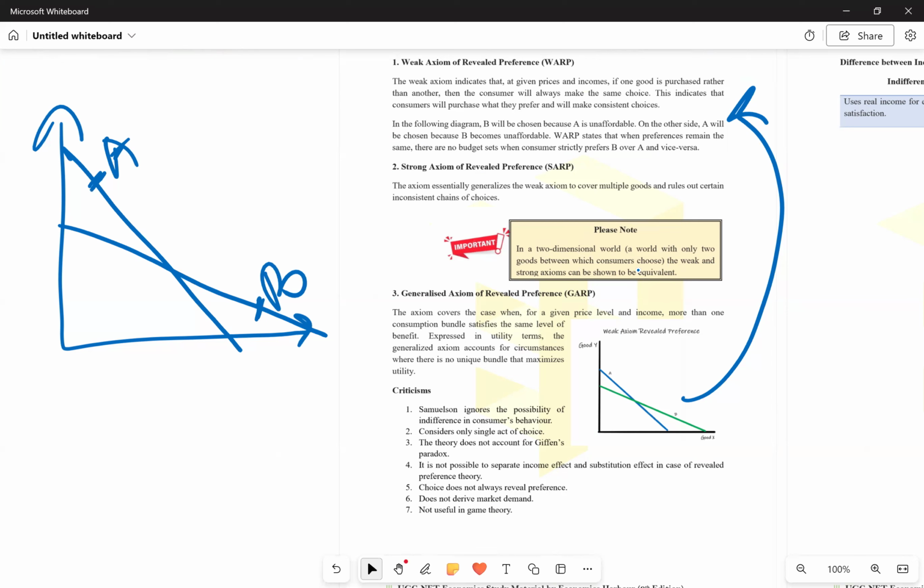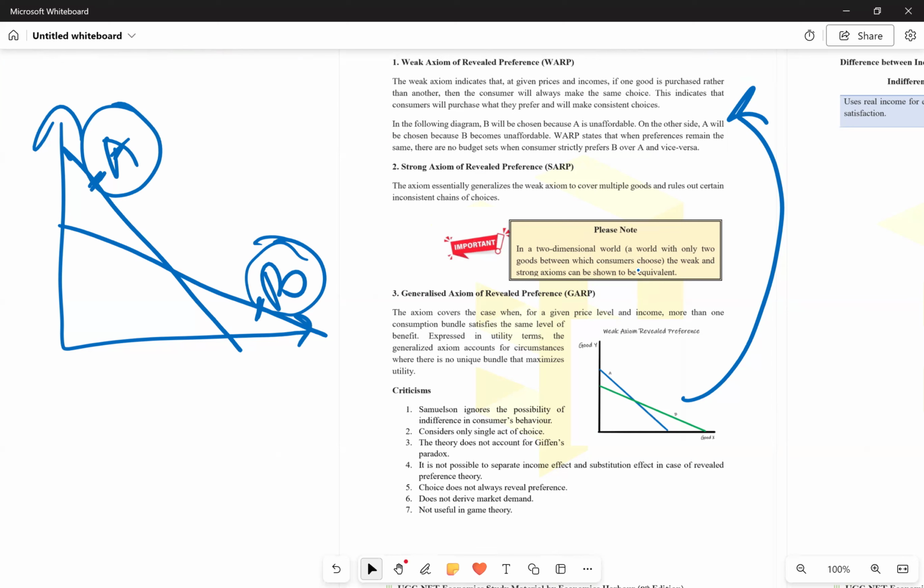If you look at point A, you can see that bundle B is not affordable. And the same is true for bundle B: if you choose bundle B, then A is not affordable, right?